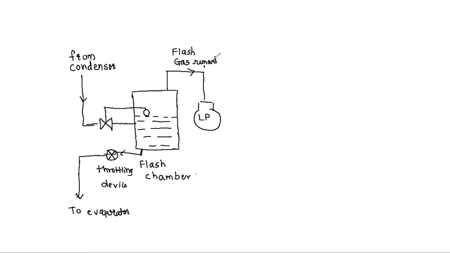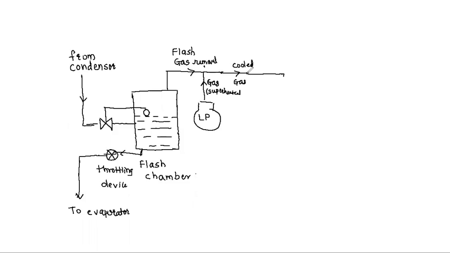But these flash gases which are removed mix with the refrigerant gas coming out from the low pressure compressor, and this cooled gas would then enter the high pressure compressor. This is the superheated gas emerging out from the LP compressor, and because of the mixing of the flash gas removed from the flash chamber, there is an intercooling, and this intercooled gas would then enter the high pressure compressor.